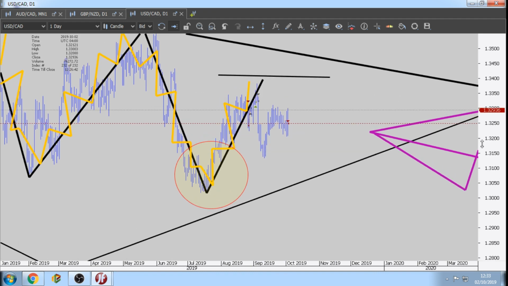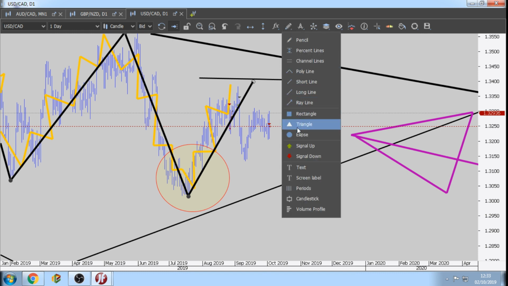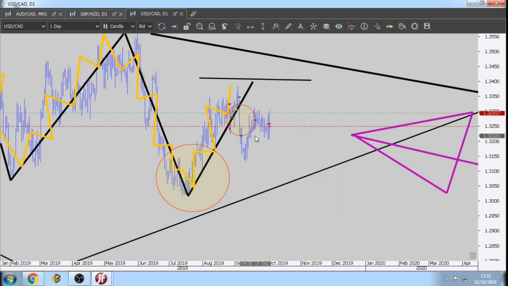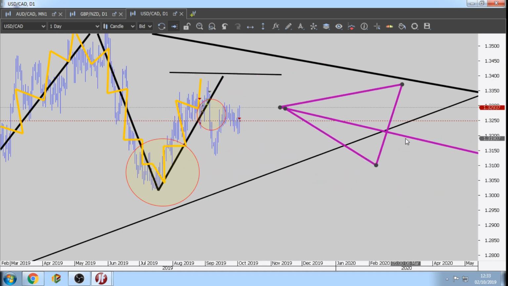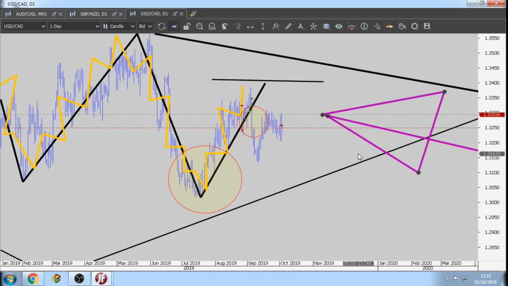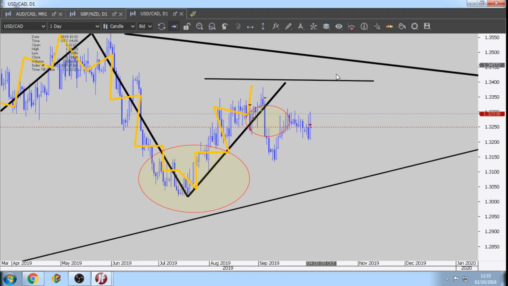Why did I short the market? Just to show you. Because the counter trend line broke here, and we are in a down structure, and the market on the daily chart is not making any more higher highs, higher lows. Guess what it's making? It made a lower low, lower high.